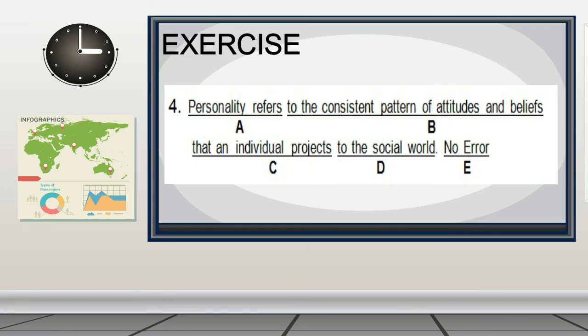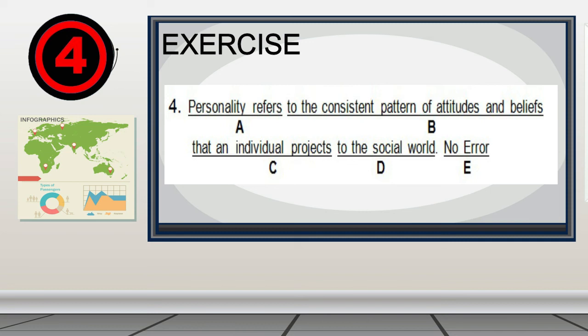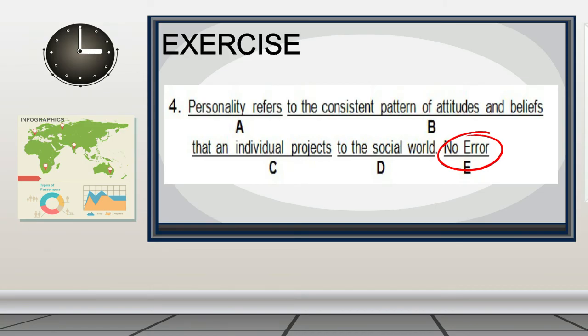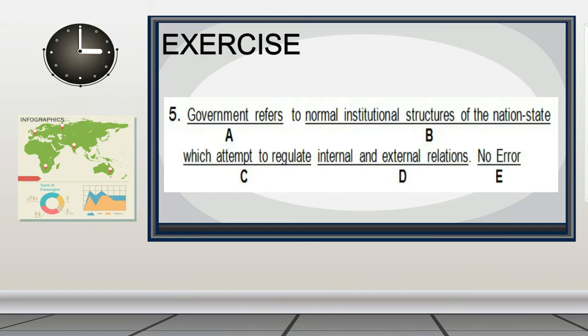Personality refers to the consistent pattern of attitudes and beliefs that an individual projects to the social world. Five, government refers to normal institutional structures of the nation-state which attempt to regulate internal and external relations.